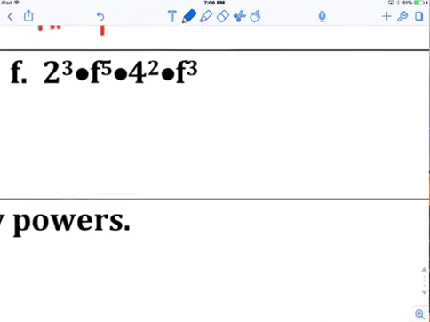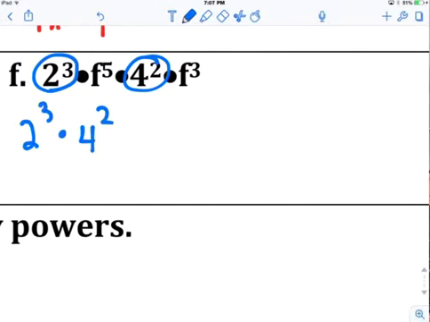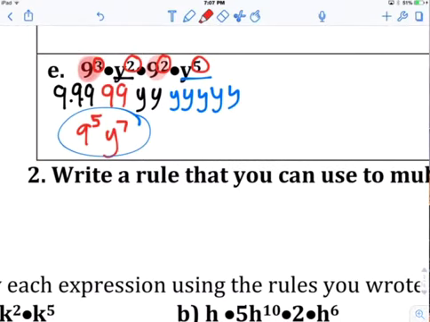All right, this one too. You cannot add these two together at all. So it's 2 to the 3rd times 4 to the 2nd. You cannot add the exponent because these bases of 2 and 4 are different. The only time we can add them together, as you can see, are when the bases are the same and we write out the same amount, then we add them together.